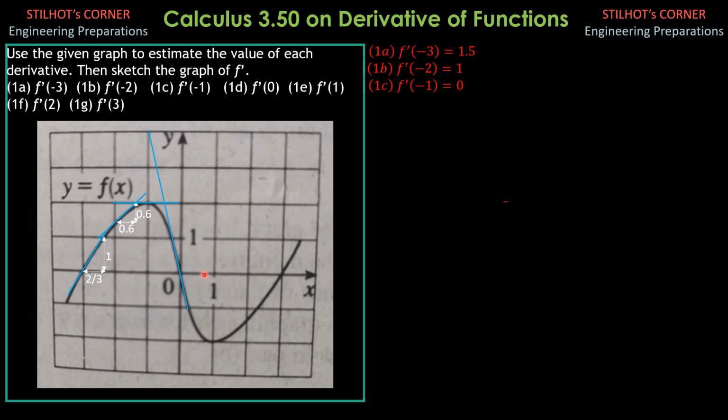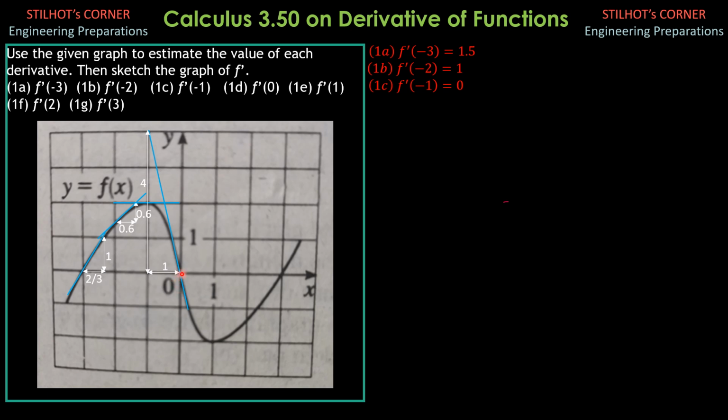Then 1d here, this is the tangent. If you agree with the tangent, then the rise is 1, 2, 3, 4. Run is 1. And since this is a negative slope, 4 over -1, the slope is -4.